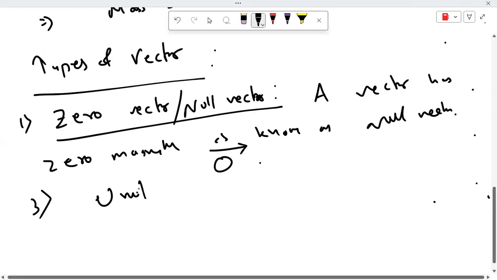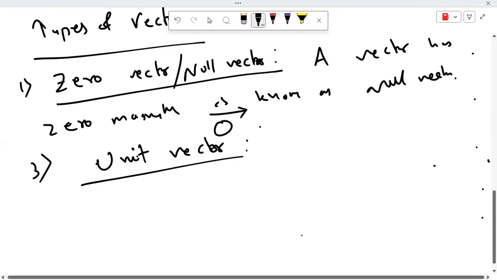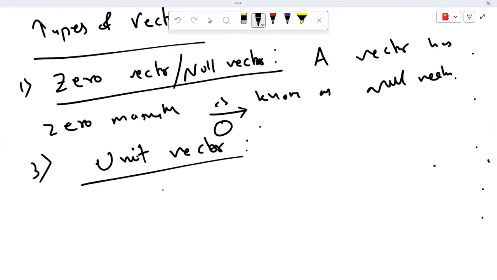Unit vector. What are unit vectors? Magnitude is 1 unit. Very good.